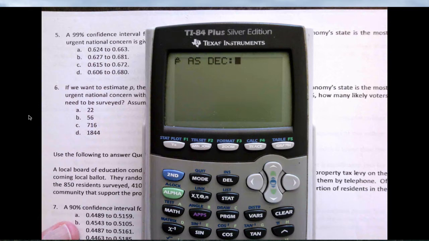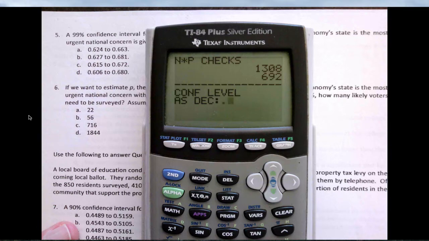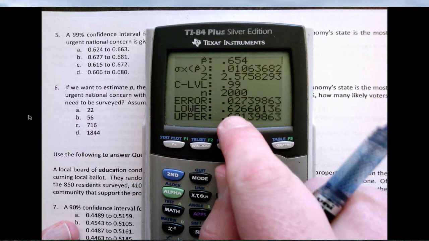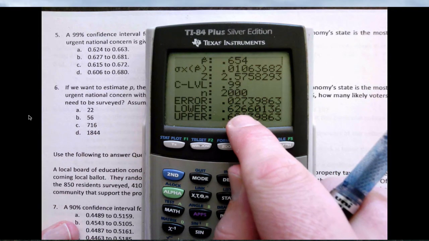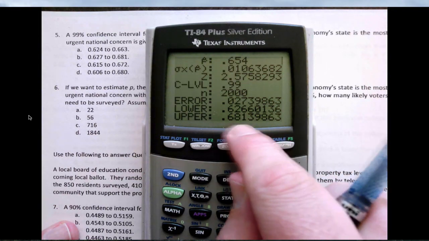I'm going to type in 2,000 with an n of 2,000, and they wanted a 99% confidence interval. So I'm going to go from 0.626 to 0.682.